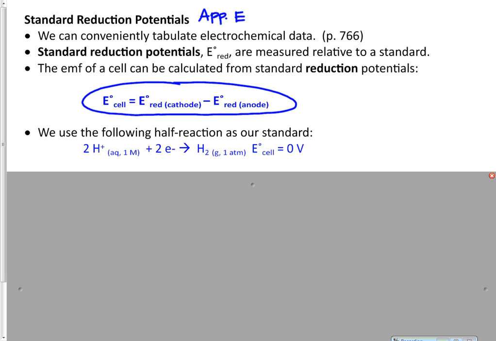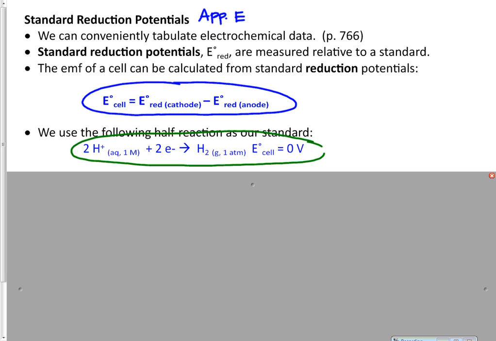So if you have your textbook, look at Appendix E, and you'll notice some of the values for reduction potentials are positive, others are negative. The reason is that all of those reactions in Appendix E are compared to this standard reaction here.